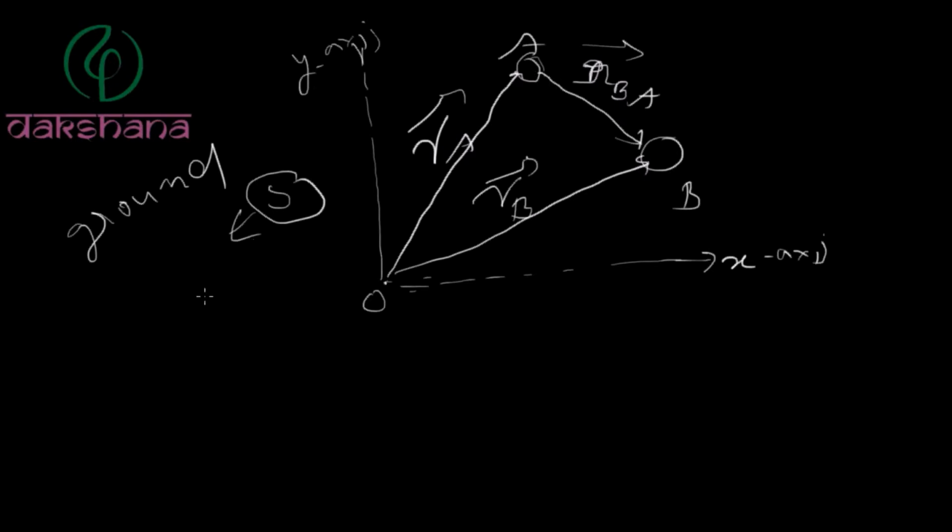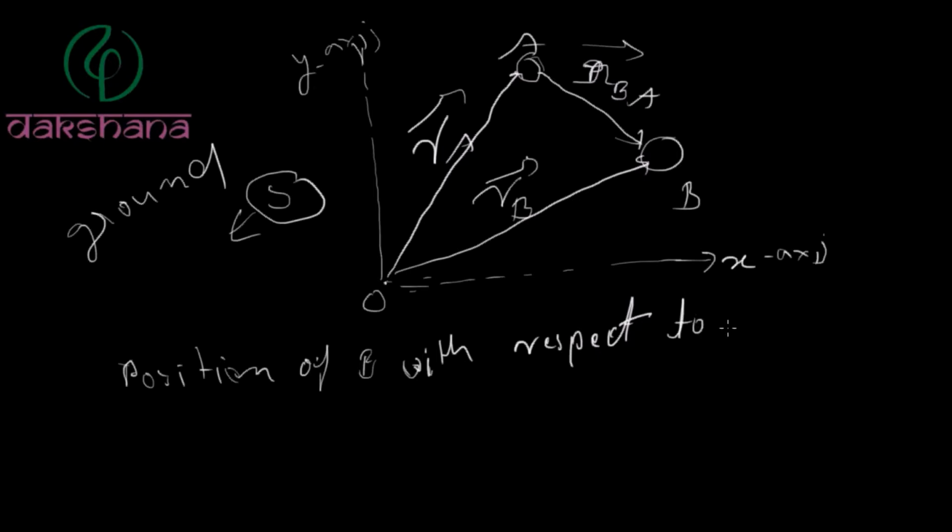We can write the position of B with respect to A, that is RBA, equal to RB minus RA.